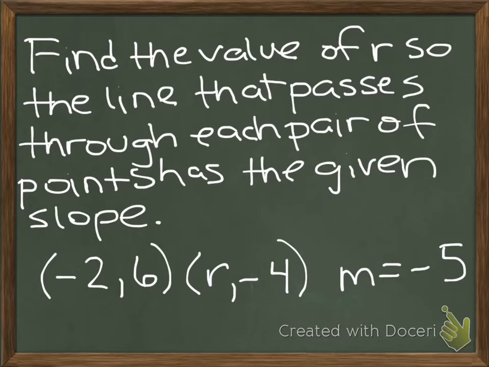On the same idea as finding the slope, this time we need to find one of the missing coordinates. They give us the slope, so we're going to use the slope formula, but we're going to solve for a particular variable, in this case r. So we're still going to subtract our x's as the denominator, so -2 minus r. I'm going to write this on the next page, actually.